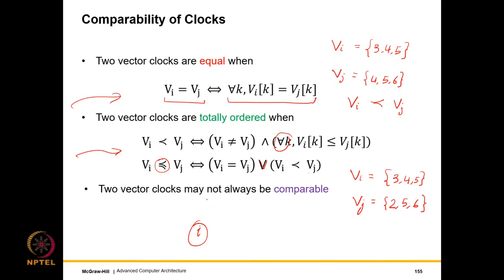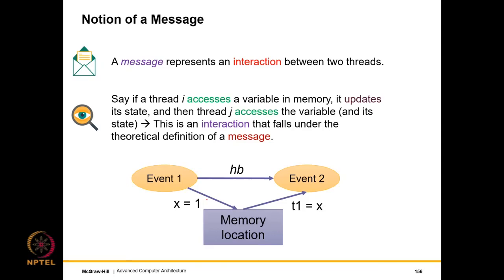Given our definition of vector clocks, let us also define the notion of a message. A message represents an interaction between two threads. An interaction in a classical distributed system would be one thread sending a message to another thread over the network.